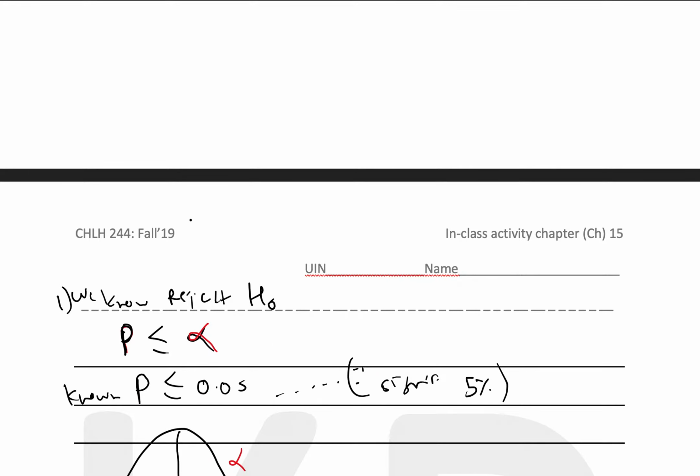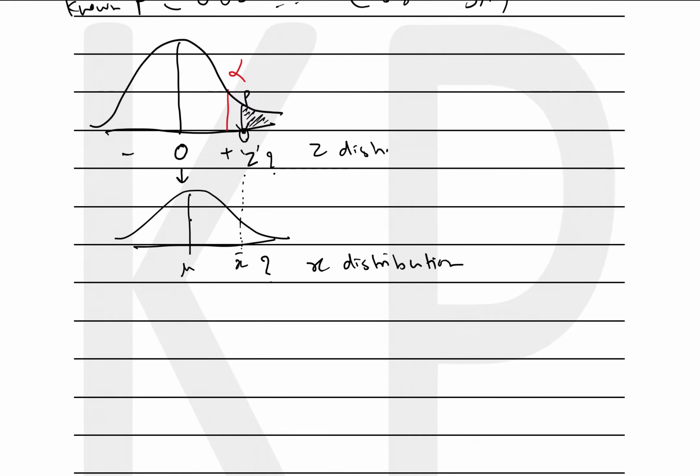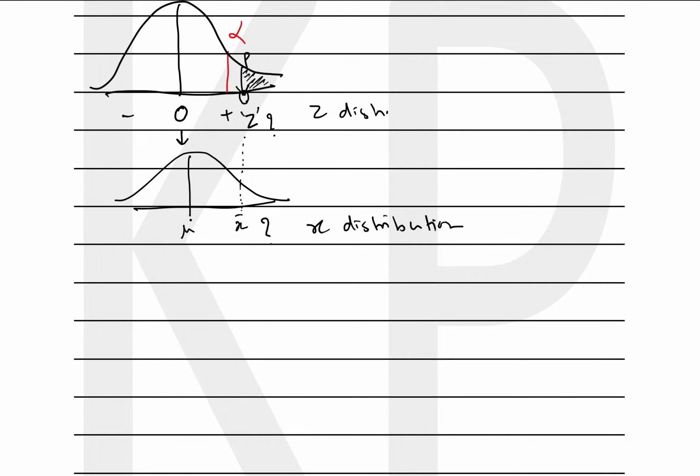So now let's solve this problem. For the first part, I think it's pretty much self-explanatory. We just have to understand the concept to find that z. The test statistic here is z equal to x bar minus mu over sigma over square root of 10.